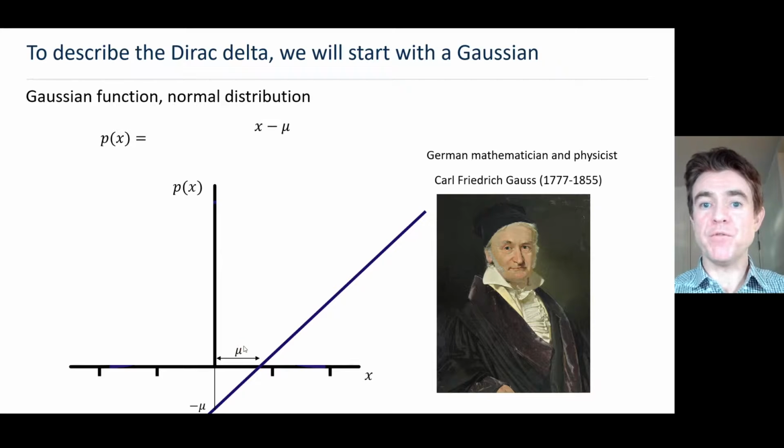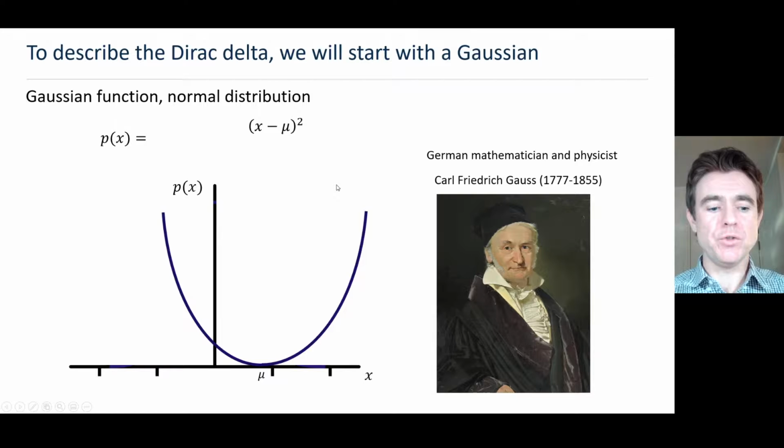So mu is going to in fact be the mean of the Gaussian function, or the normal distribution. So I'm just building it up in a very simple way here. So we've got identity with a shift, and then what we can do is square that, and so what we see now is we get the familiar quadratic or the parabolic looking function here. So it's just x squared, just shifted to where x is equal to mu.